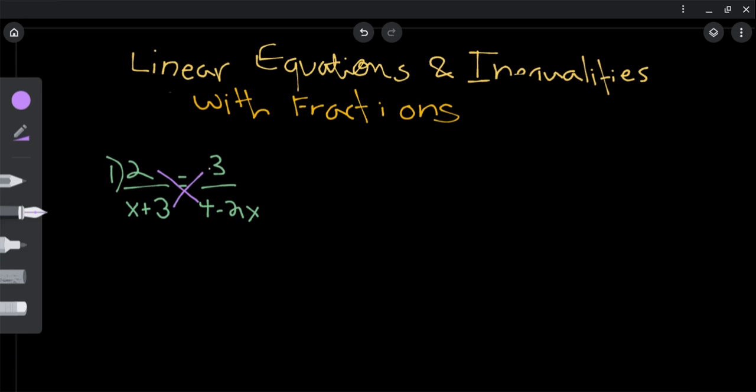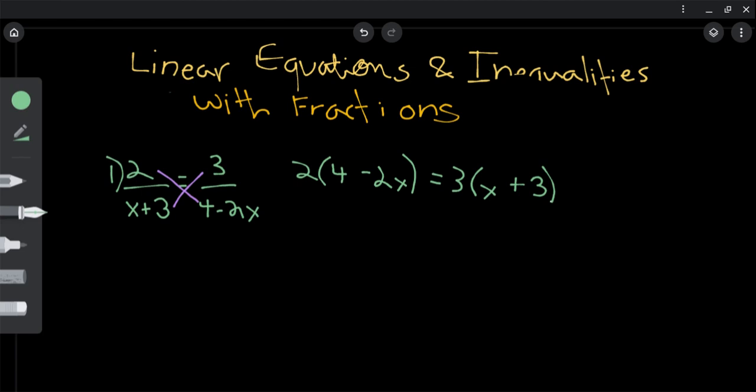So when we do that, we get 2 times 4 minus 2x equals, remember we still got the equal sign, 3 times x plus 3. There we go.